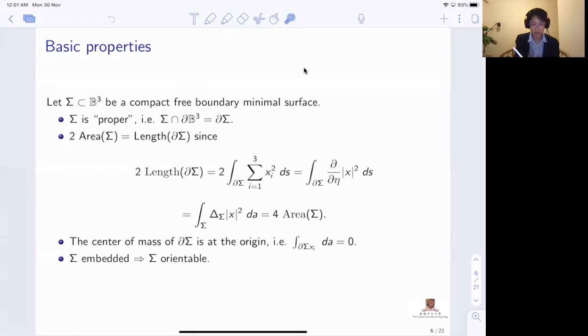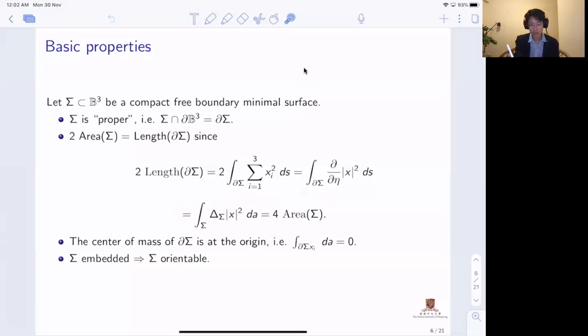So because the xi are harmonic, so if you look at this, this is of course equal to 2, right? I'm sorry, that's actually equal to 4, right? So this is a square there, so equal to 4. So this integral will give you 4 times the area of the surface. But if you do integration by parts, so you can change this into a boundary integral of the outward flux. Okay.